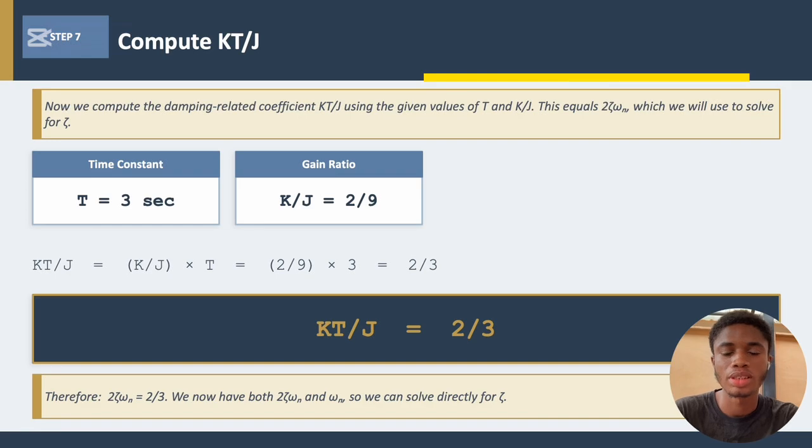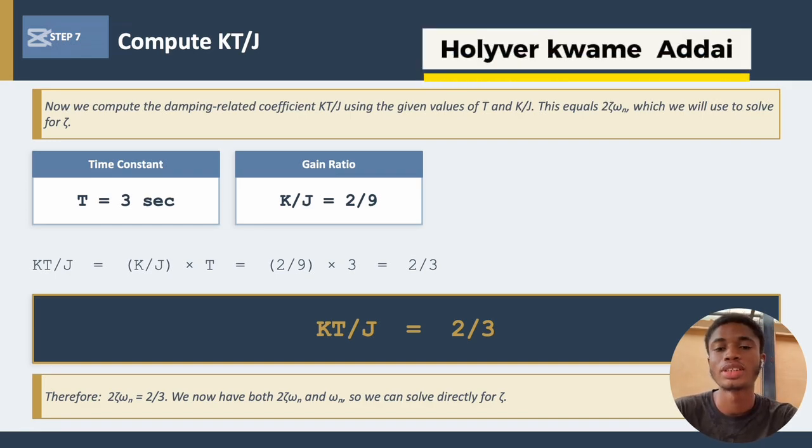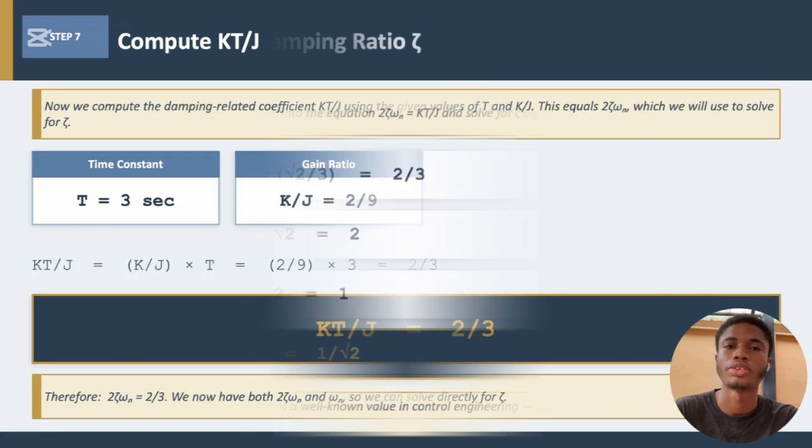Now we compute the damping related coefficient KT over J using the given values of T and K over J. Our time constant is 3 seconds, and K over J is equal to 2 over 9, giving us KT over J equal to 2 over 3.